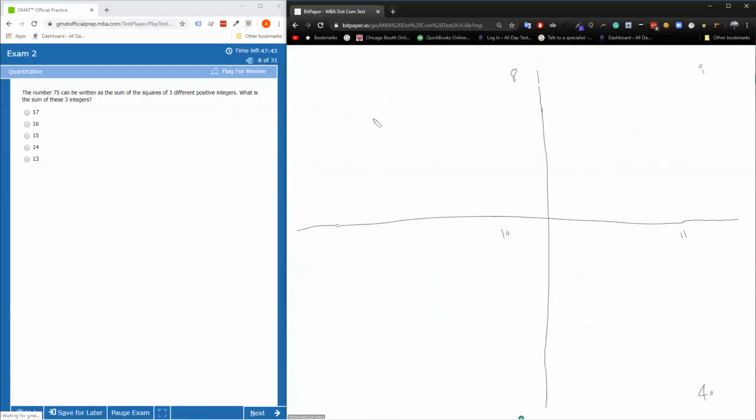The number 75 can be written as the sum of 3 different positive integers. What is the sum of the squares of these integers? So to find those, instead of just randomly testing, I'm going to break 75 up into its prime factors.